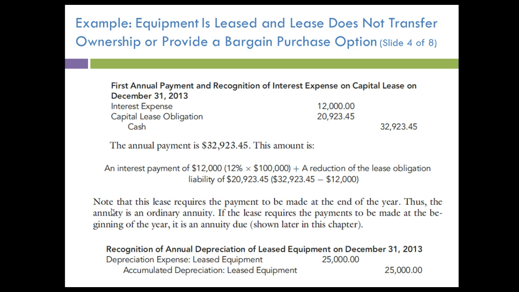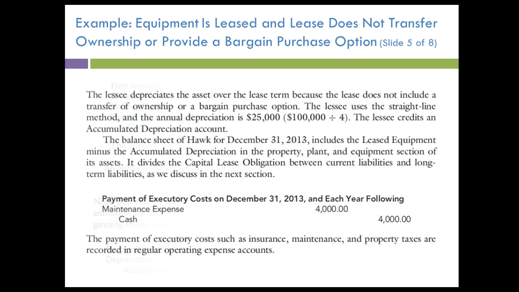So this is an ordinary annuity. We then are going to recognize our depreciation on this asset, $100,000, the present value, divided by 4 years. So we'll show a depreciation expense of $25,000, and we'll accumulate the depreciation of $25,000. Now, it's being depreciated over the lease term since that lease doesn't have transfer of ownership or a bargain purchase option.